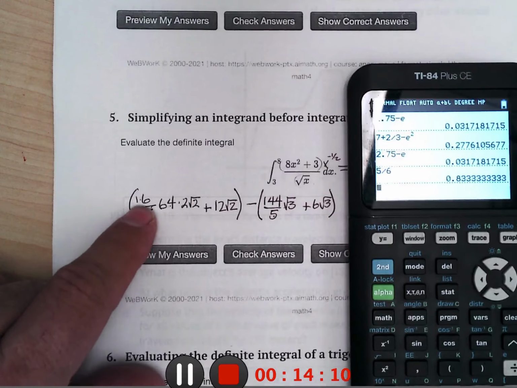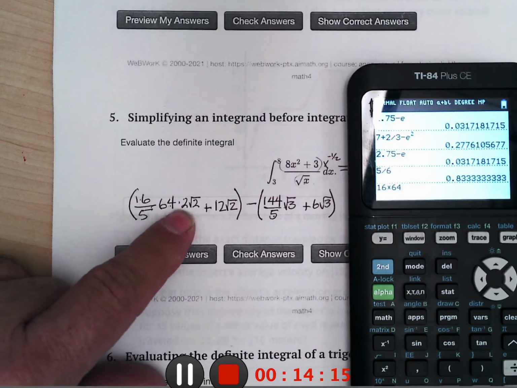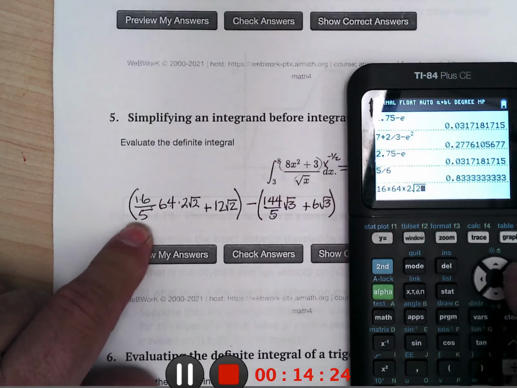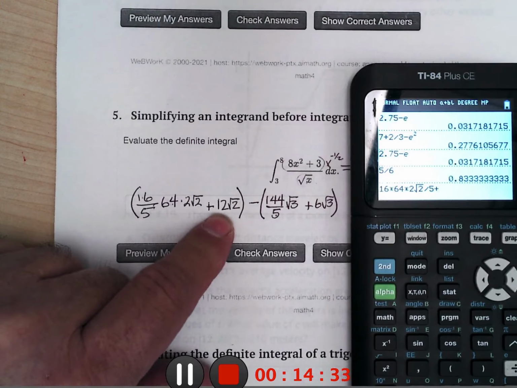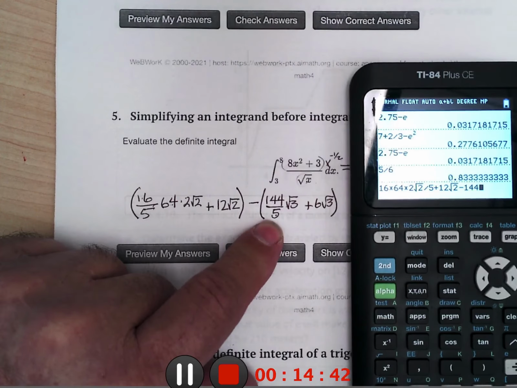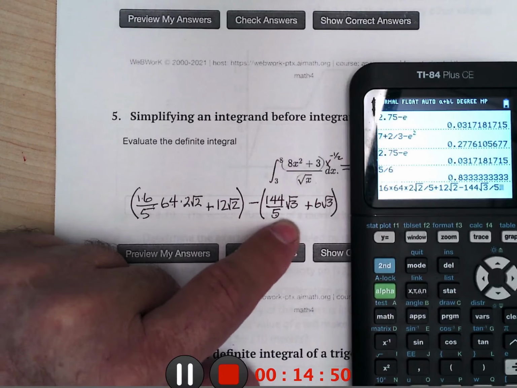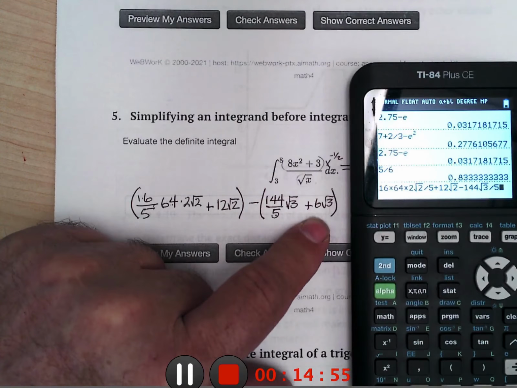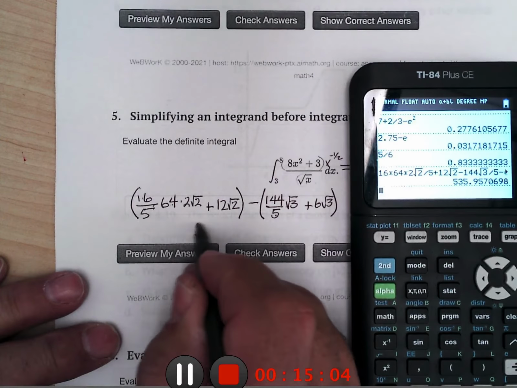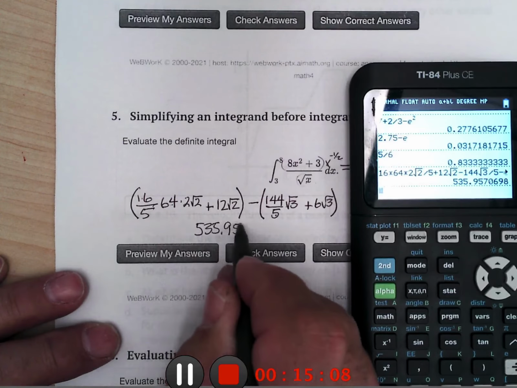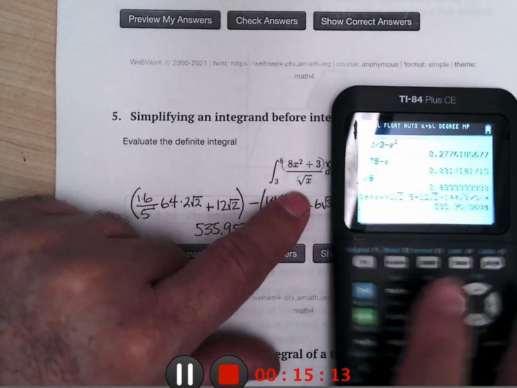So 16 times 64 times 2 square root 2 divided by 5, plus 12 square root of 2, minus 144 times the square root of 3 divided by 5, and then minus this part, minus 6 square root 3, and we get 535.957.